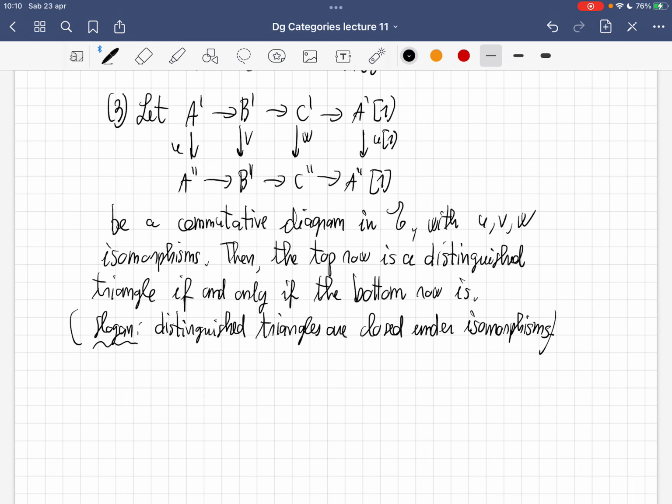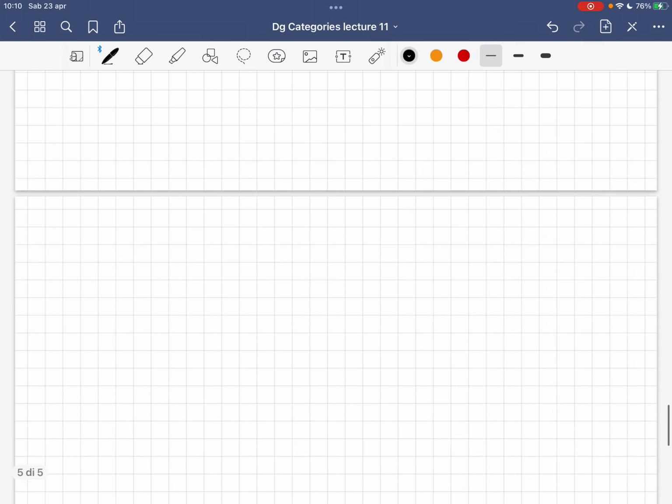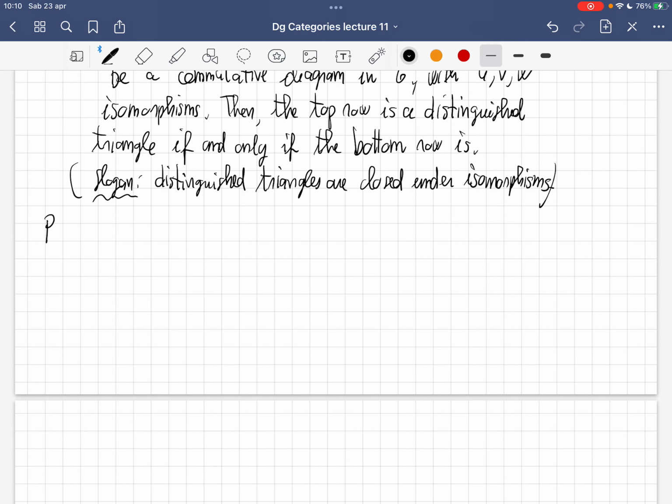Good. So let's give a proof of this. Actually the only non-trivial part is the first one, and let me show you how to do this. What you can do, we can form a pretriangle in the DG category.